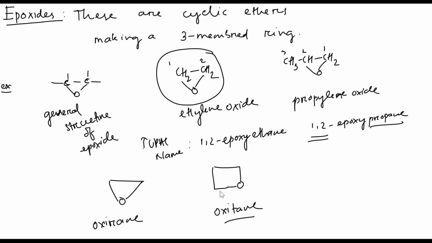As we have studied in the preparation of alcohols, we have shown a little bit how these epoxides are prepared. So let me repeat once again how these epoxides are prepared.